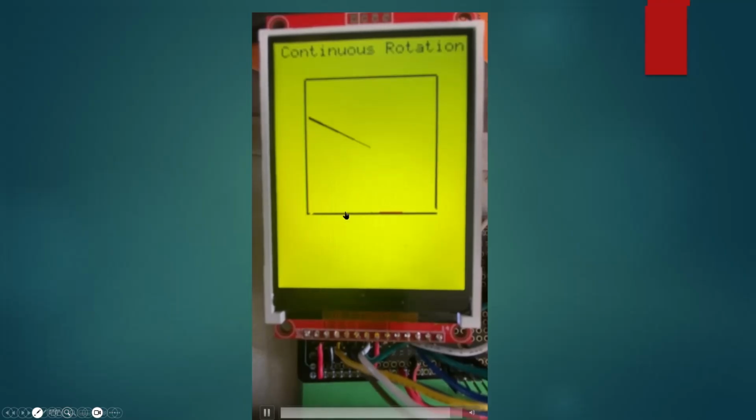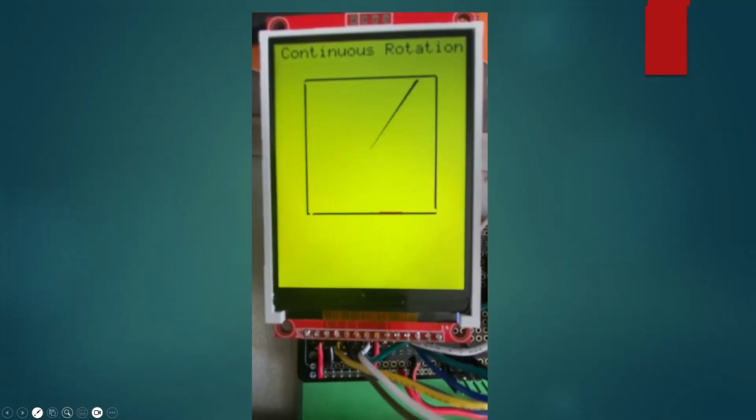So this gives the illusion of a rotating arm, and this would be going continuously. This just gives you the flavor of things that you can do with the display, and once you know how to draw different lines, we can write squares, triangles, and make things move around by writing and erasing.